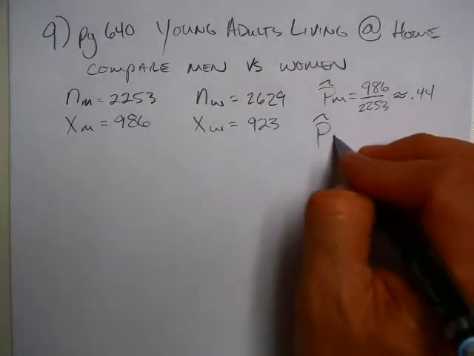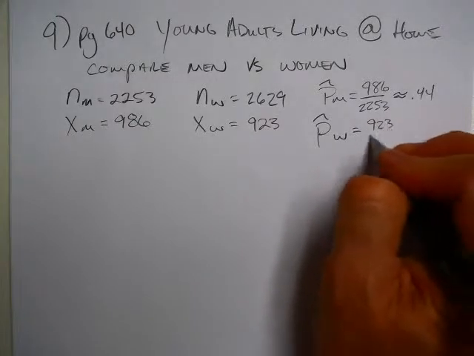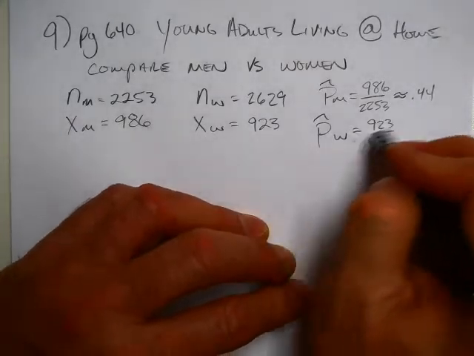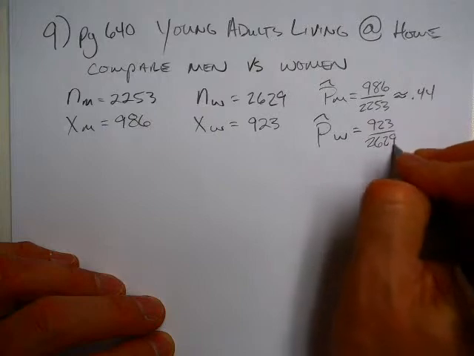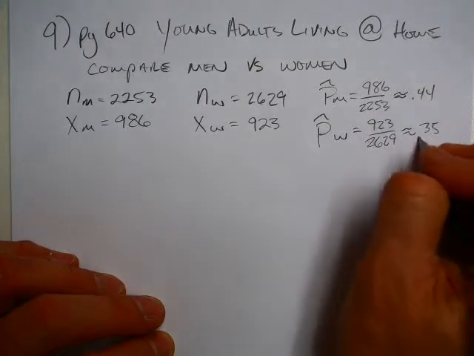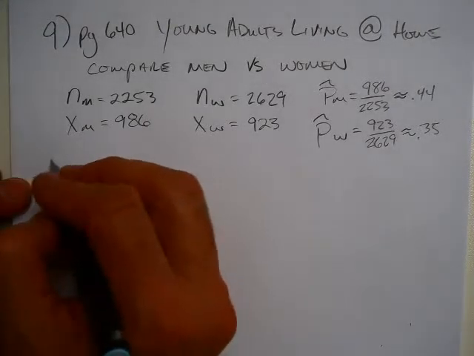And p hat women, 923 out of 2629. It's about 35%. So I'll need those for my normal calculations. Let's look at our conditions.